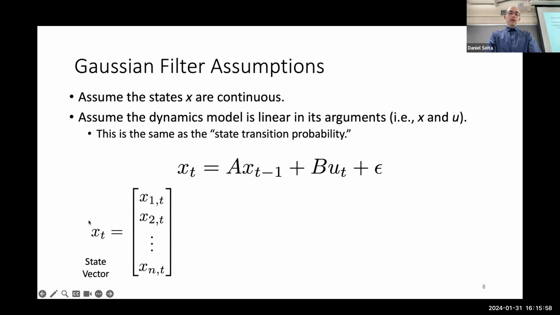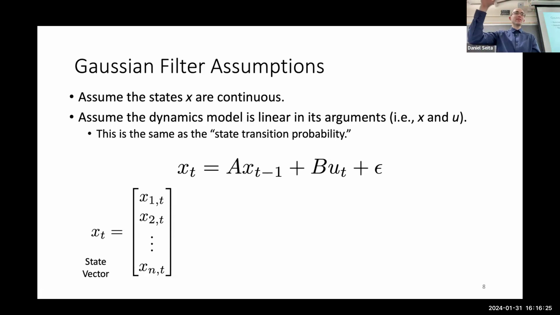If you want to write it out a little more precisely, mathematically, think of xt as some state vector. Remember that when we write vectors, they're usually column vectors by default. Because I've already used t here, I kept the t and then added 1 comma t, 2 comma t.